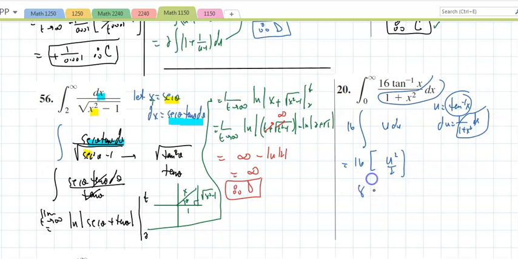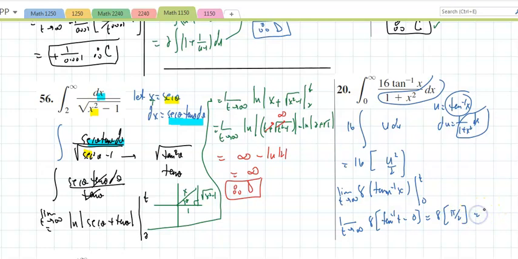So that's going to be 8 times inverse tangent of x evaluated from 0 to t, taking the limit as t approaches infinity. That would be the limit as t approaches infinity of 8 times inverse tangent of t minus inverse tangent of 0 is 0. As t approaches infinity, that would be pi over 2, and that turns out to be pi over 4, and therefore it will converge.